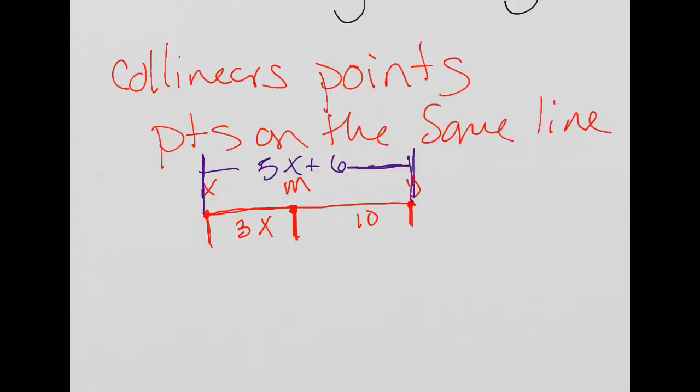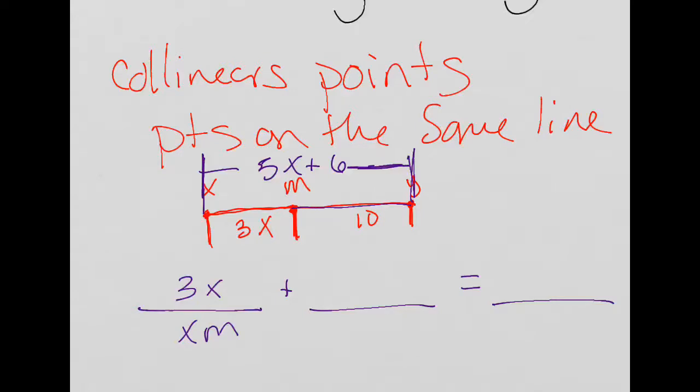Segment addition literally means I take one segment, I add it to another segment, and I get the bigger segment that they add up to. Okay, so in this case, I have 3x, which was XM, and it's connected to MY, which is 10, and if I add them together, I should get the endpoints in that segment of XY, which they told me was 5x plus 6.